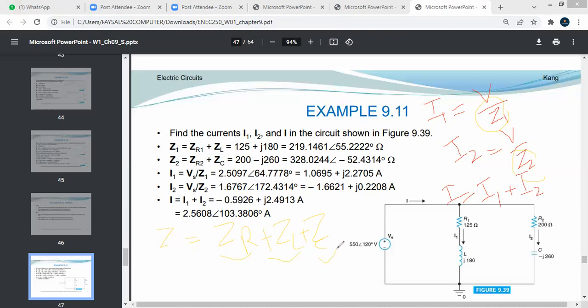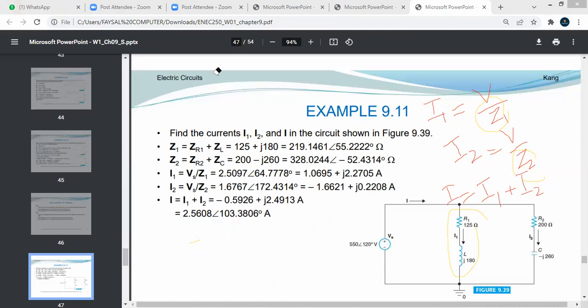For the first case, for Z1, there is only a resistor and an inductor. So the parameters involved are resistor and inductor.